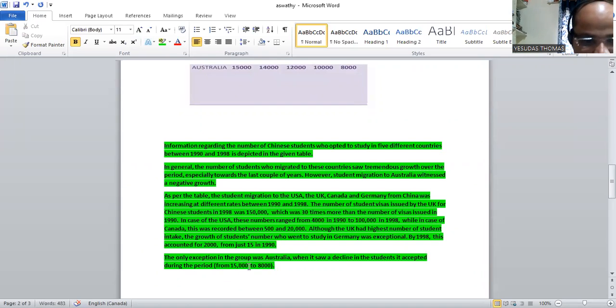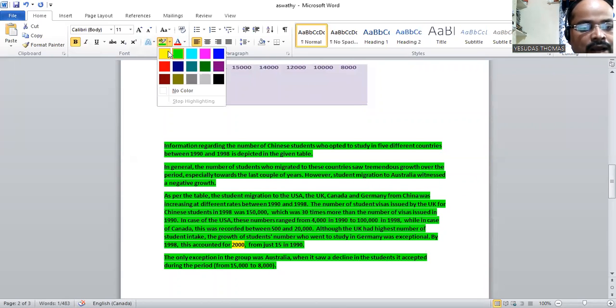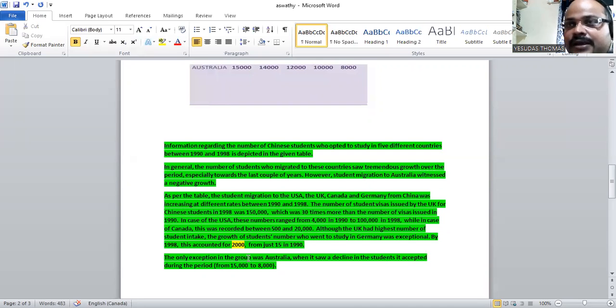We need to go ahead with these punctuations. It's very important. If you write the figures, they should be separated with commas, because you have to distinguish them from the years. For example, if I am writing 2000, this can be a year.